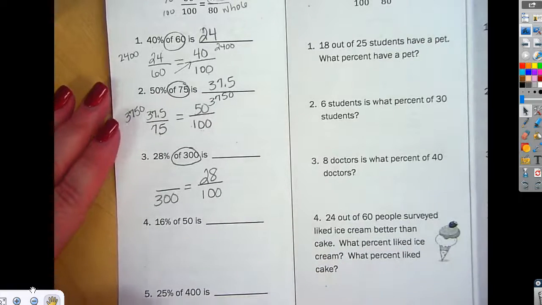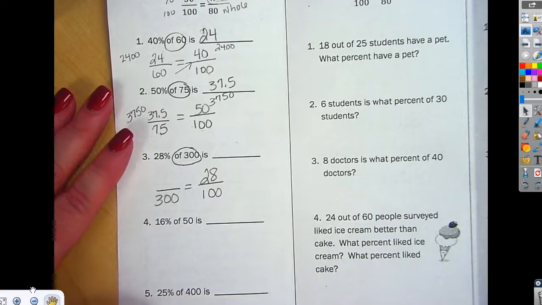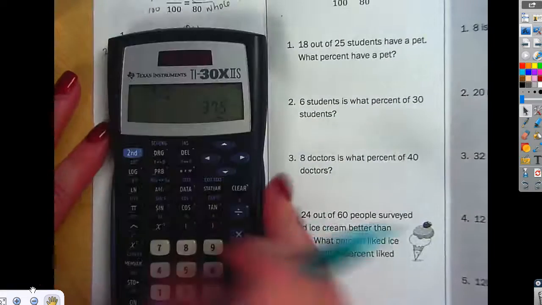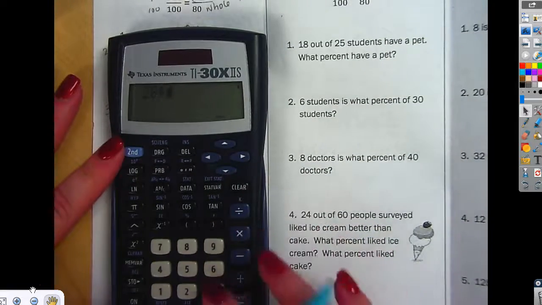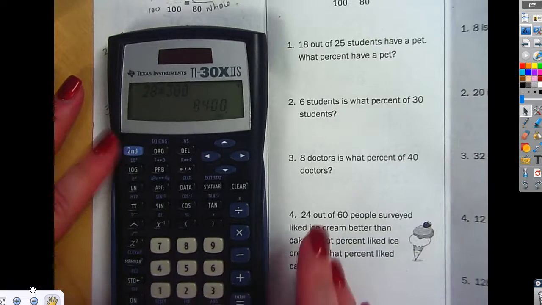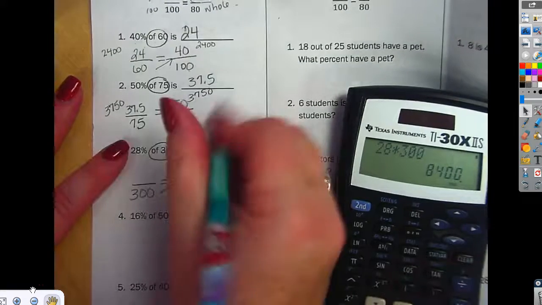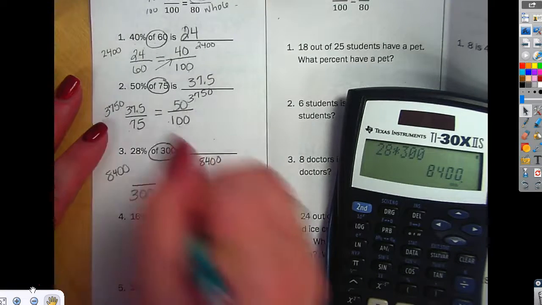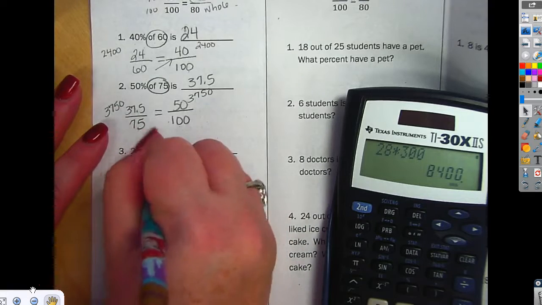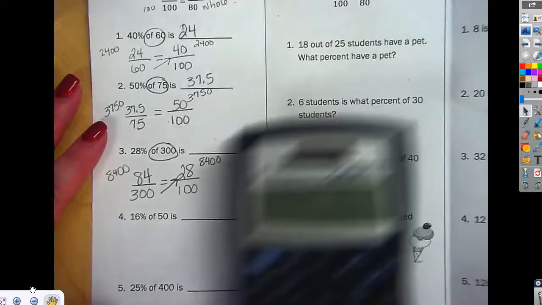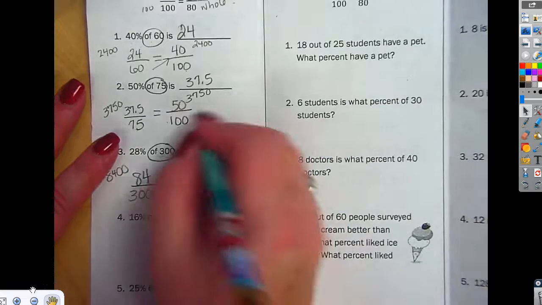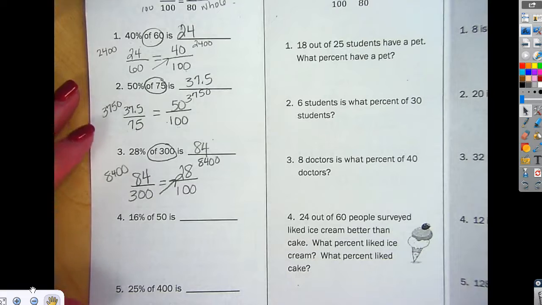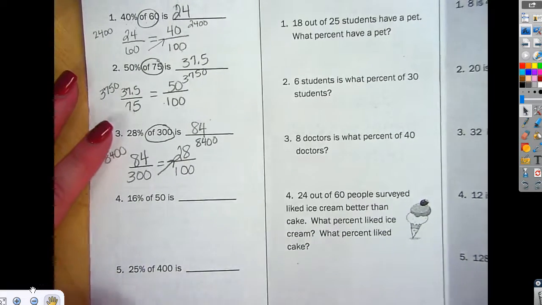And so we need to find our part. 28 times 300 is 8,400. 8,400 divided by 100 should be 84. So 28% of 300 is 84. Does this make sense? Okay, let's do the next one.